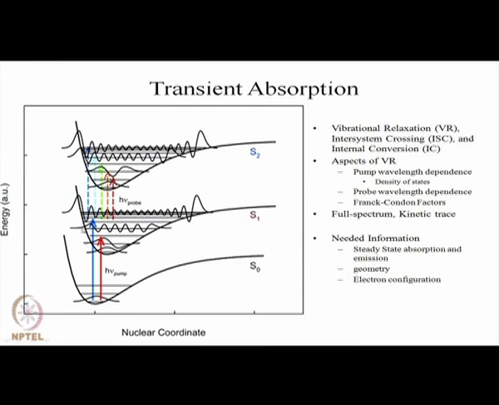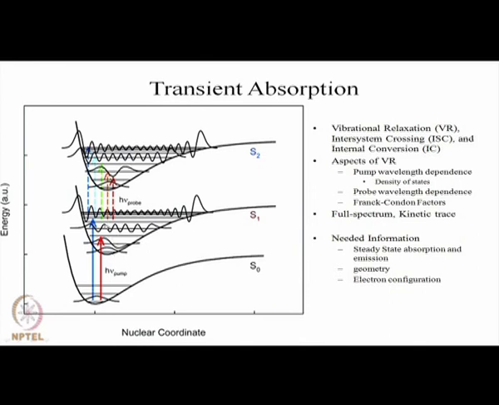So basically the population of the state you can monitor as a function of time, and also as a function of the frequency of your probe. Various processes may happen after excitation. It is vibrational relaxation, maybe it is here, so it relaxes to the lower level.